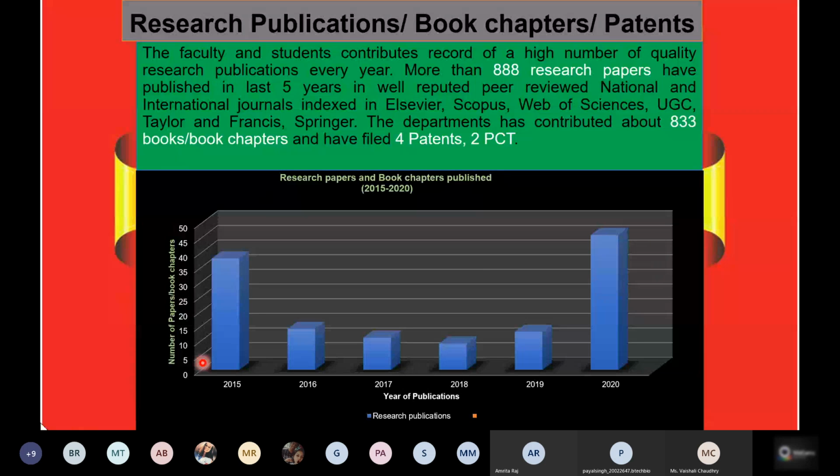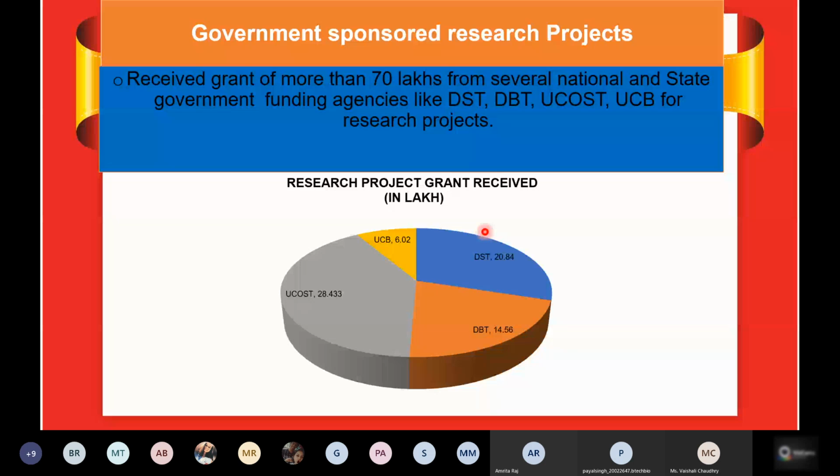This pie chart is showing the sponsored research projects. When I say sponsored, it means research projects which have been sponsored by different funding agencies like the Department of Science and Technology, Department of Biotechnology, then UCOST, Uttarakhand Council for Science and Technology, and different funding agencies in the state as well as in the center.